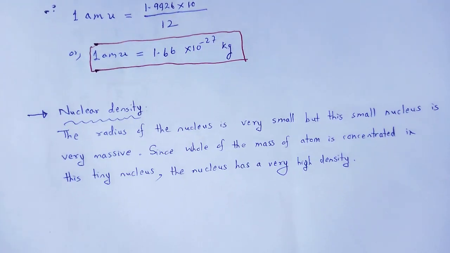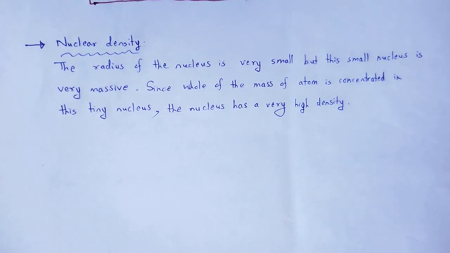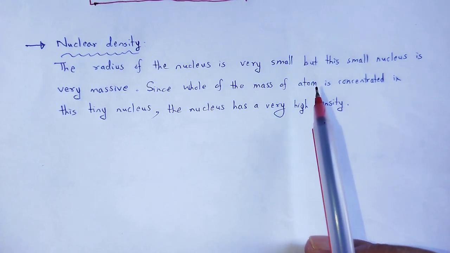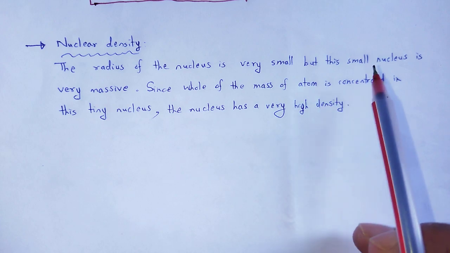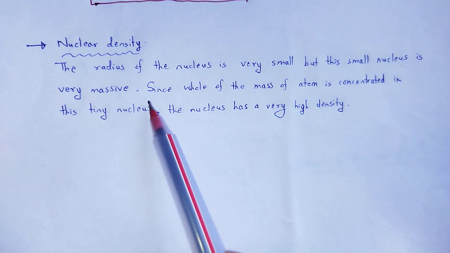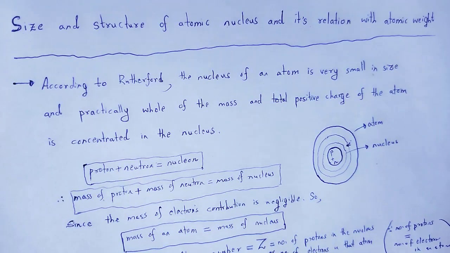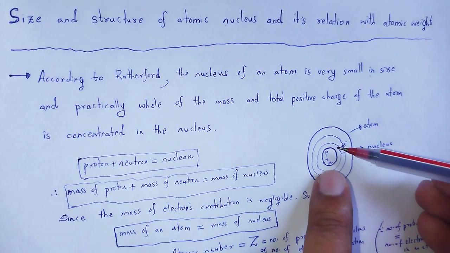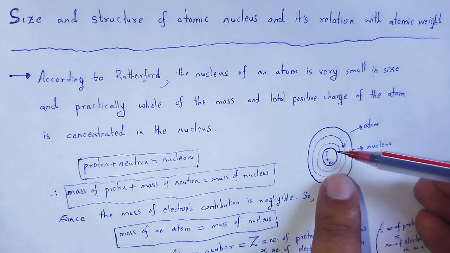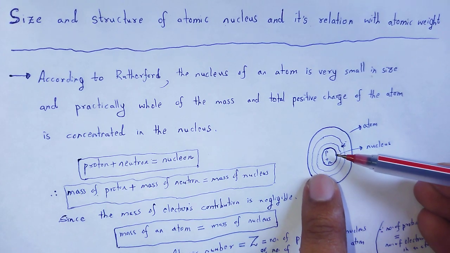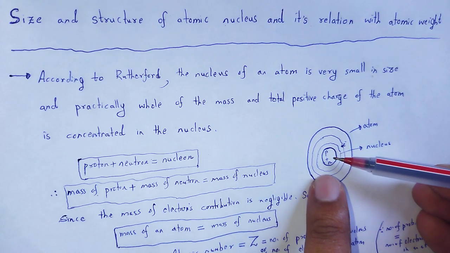Next, nuclear density. The radius of the nucleus is very small, but this small nucleus is very massive. From that theory, we say that whole of that mass is concentrated in that small region, which is called nucleus.